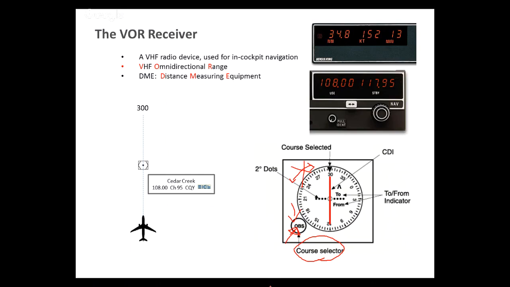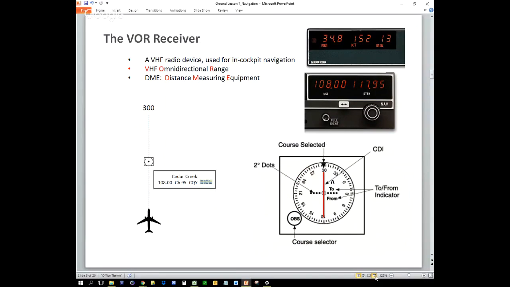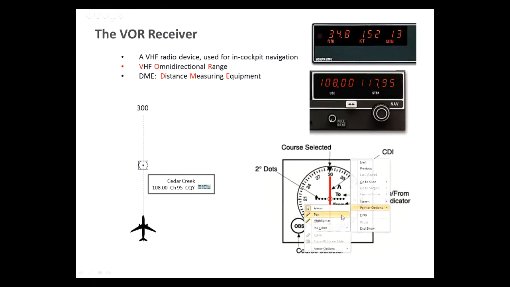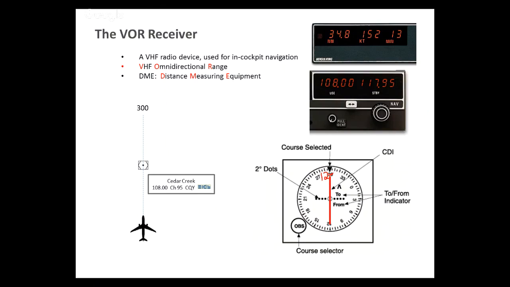Okay. So I'll try one other way. Let's say the dial was set, the course selected was 120. So forget that 300 and make it a 120 on the square diagram. Do you see that? Yeah. Okay, so what it's saying is you've told me that I should be heading toward the 120, which means if I'm on the 120 radial, then that should be my to.